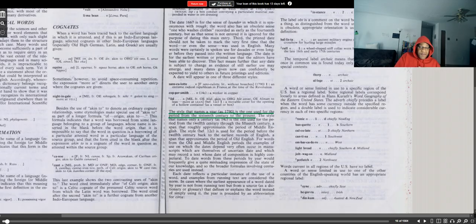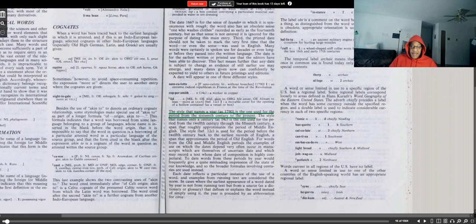So it's going to be from the 1600s. It's not going to be the 1500s, so you're not going to see this dictionary telling you that a particular word is from a particular year in the 1500s. It's only going to give you the 1600s to the present. It's not going to go back to the 1400s, 1200s.